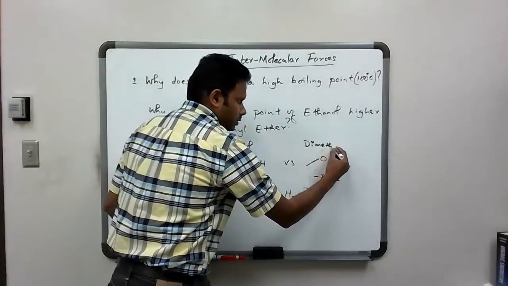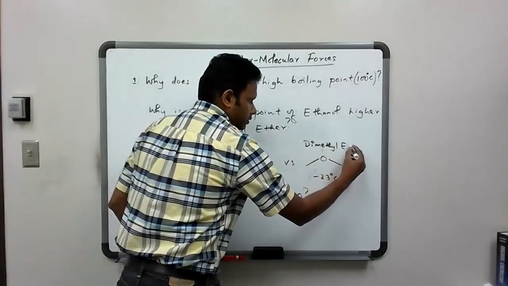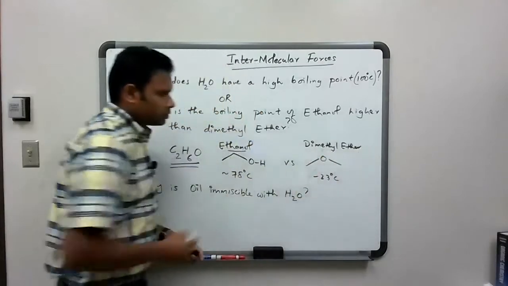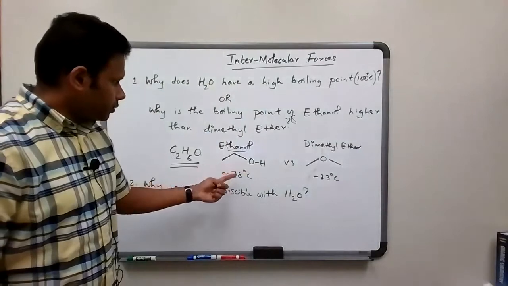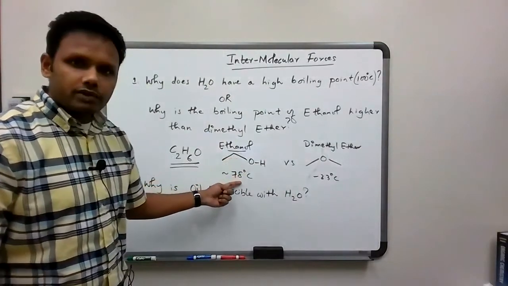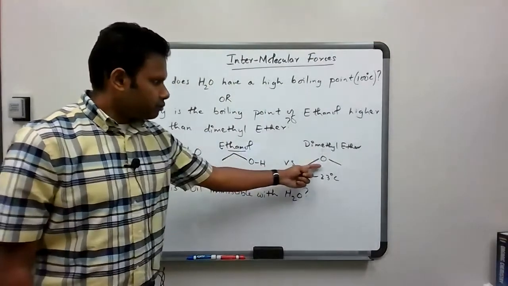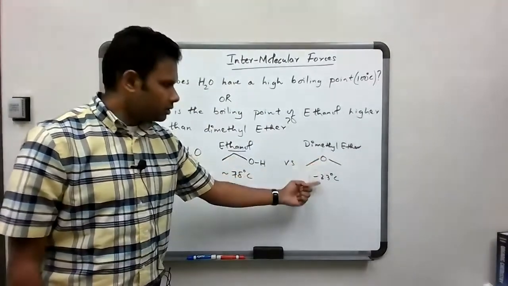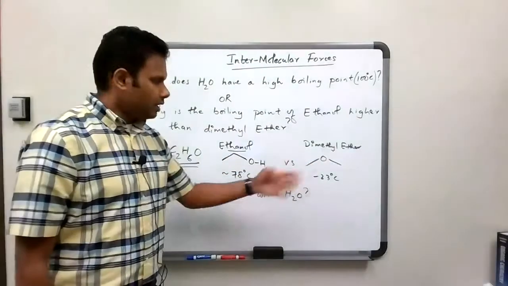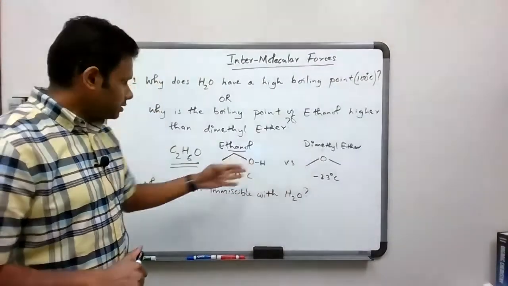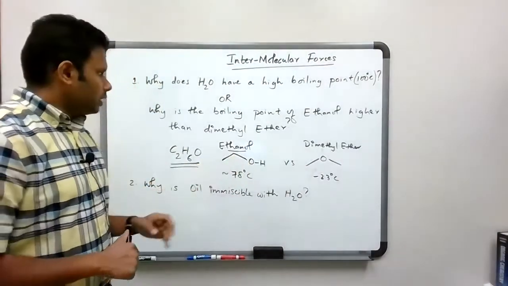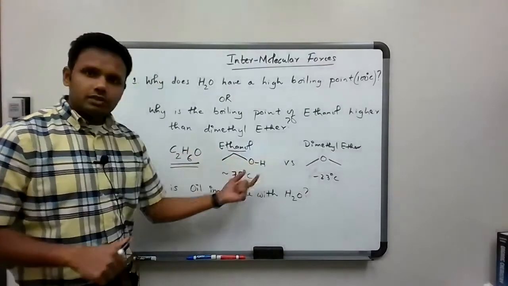Okay, so this molecule here is dimethyl ether. It's also called methoxymethane. Now I've got some numbers here. As you notice, ethanol has a boiling point of 78 degrees Celsius, whereas methoxymethane or dimethyl ether has a boiling point of -23 degrees Celsius, which means at room temperature, this is a gas, this is a liquid, okay? And how are these related?